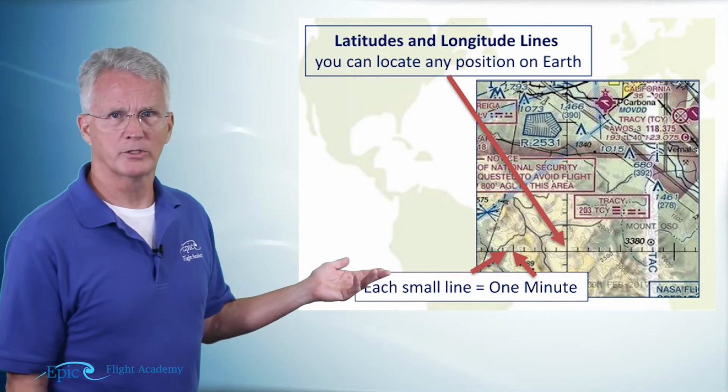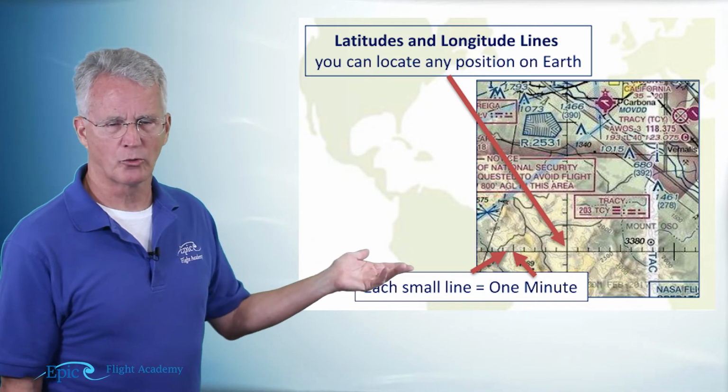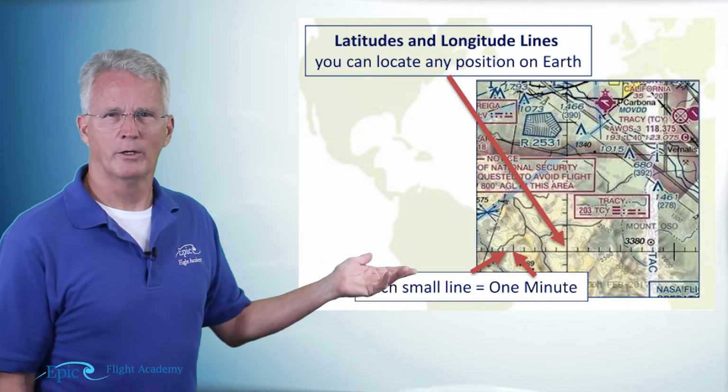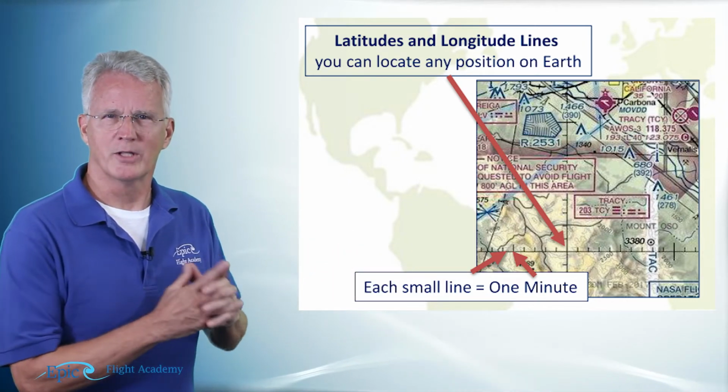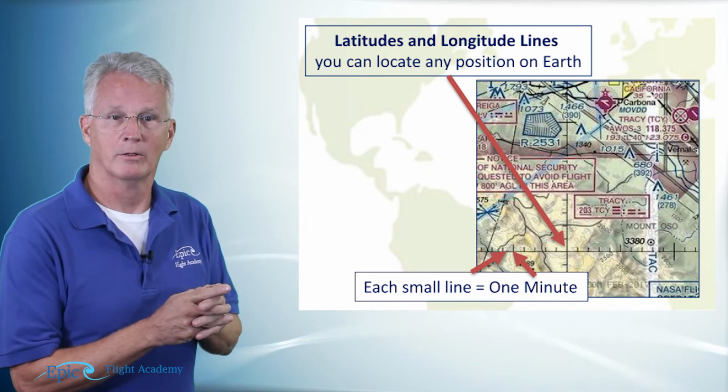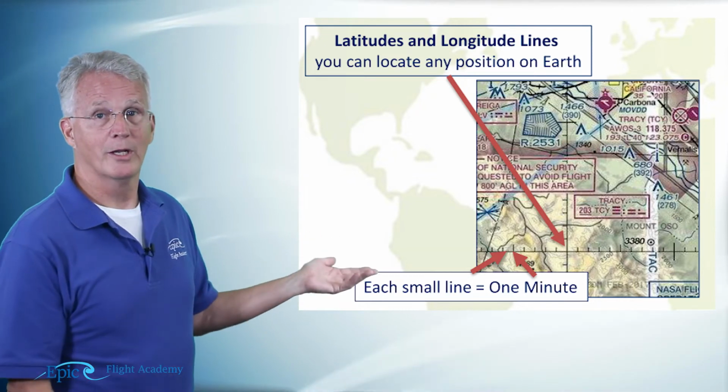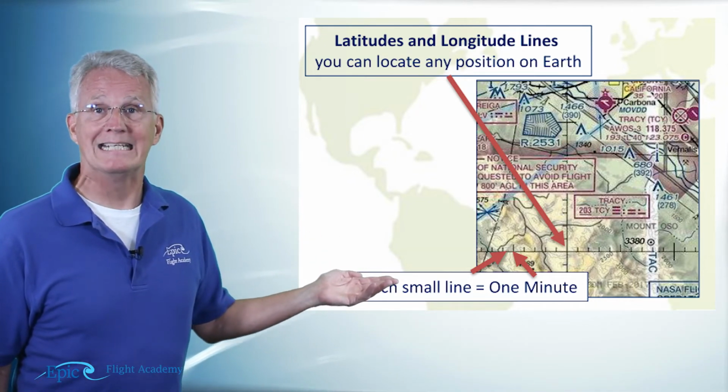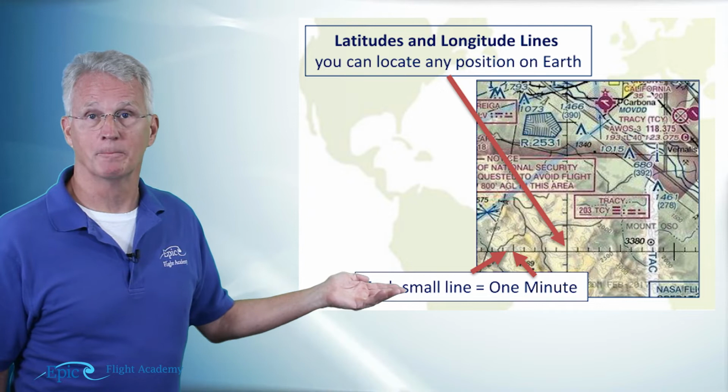Now, notice when you look at this excerpt, it says Tracy, and you're wondering, is that the airport? Is that a VORTAC or a VOR? No, it's not. If you look carefully at our example, Tracy there is an NDB, or a non-directional beacon.